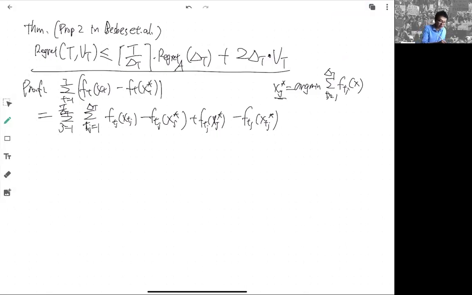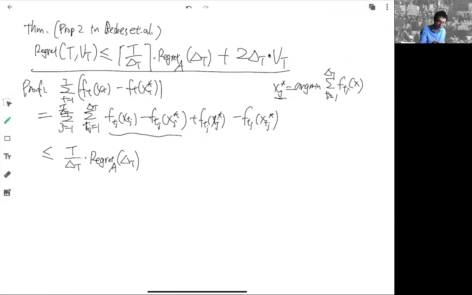Okay, so once we do this, we can group the first two together and group the second two together. Notice that once we group the first two together and add everything up, this becomes something where we can make use of the regret bound of the subroutine that we called within every chunk. So this is smaller than T over delta t, the number of times that we need to invoke it, and each time it has a regret given by its regret bound.